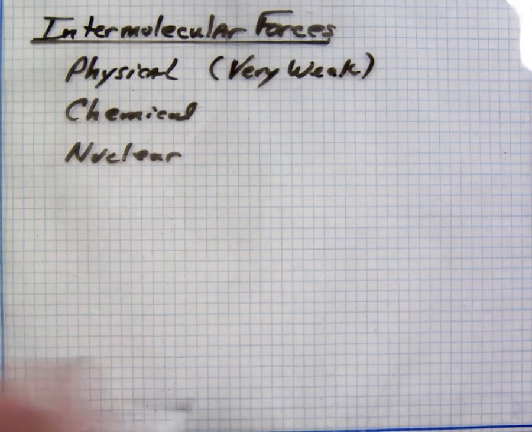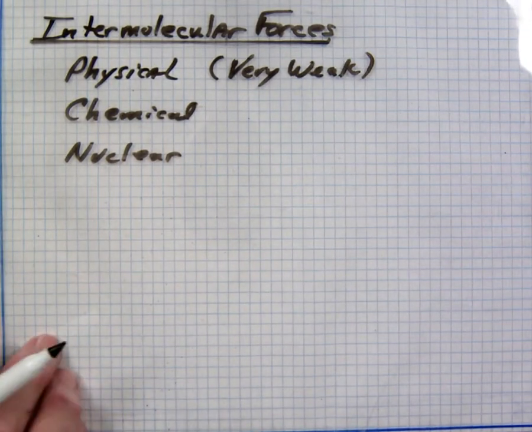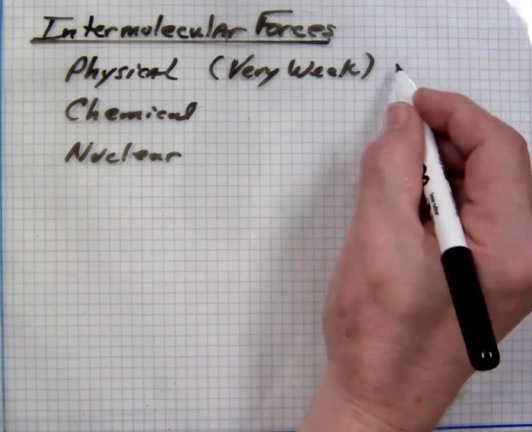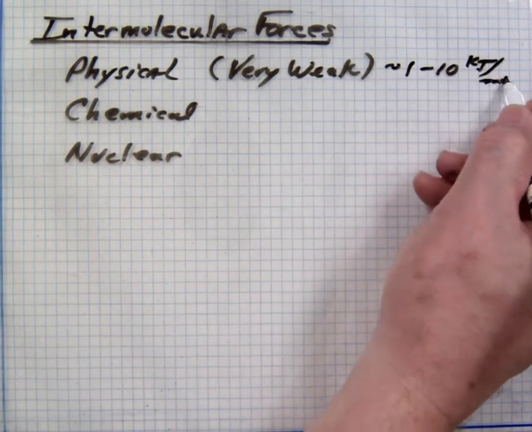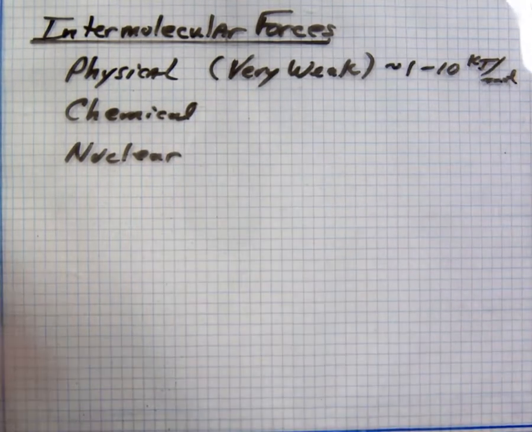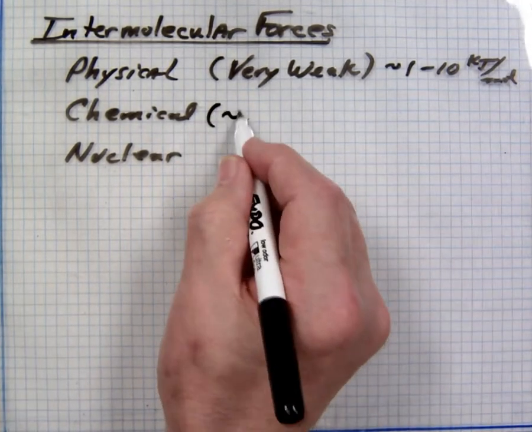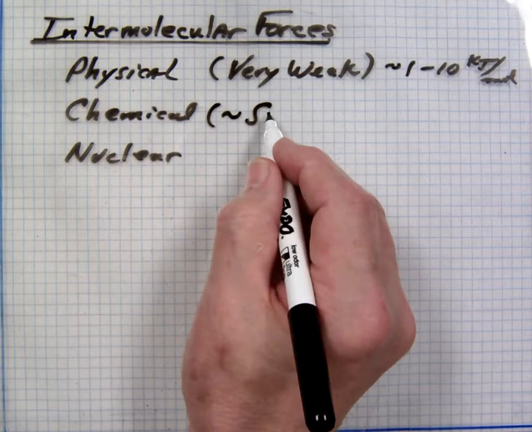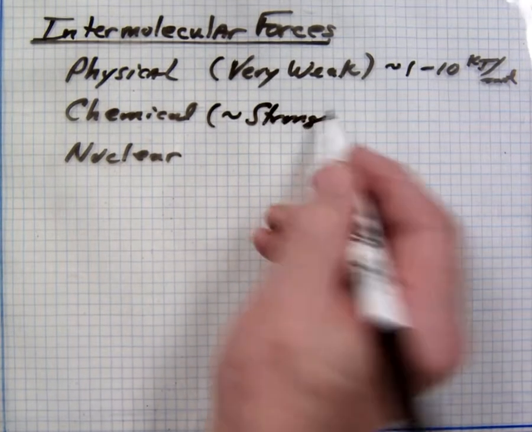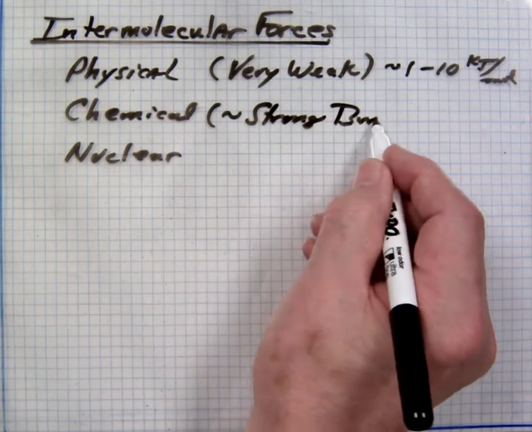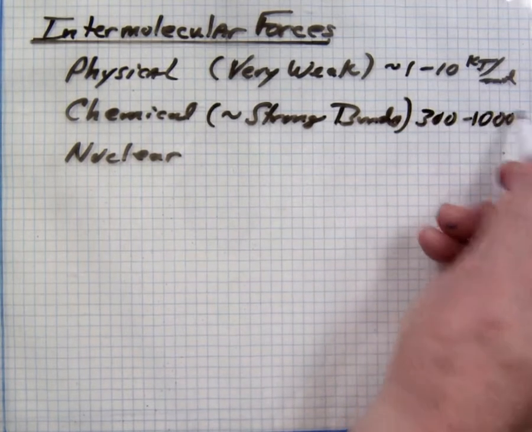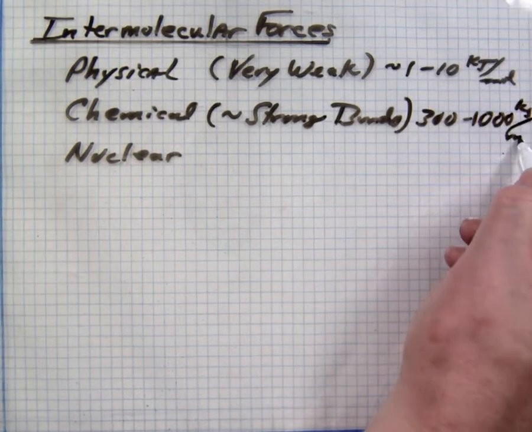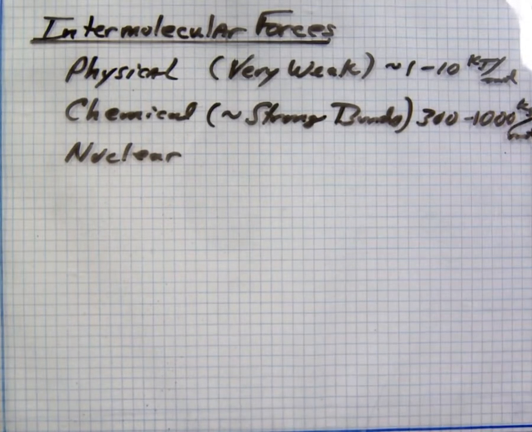When we talk about numbers, it is, say, 1 to 10 kilojoules per mole. Very, very, very weak. When we talk about chemical, it's stronger than physical. Strong bonds, if you will. These will go from 300 up to 1,000 kilojoules per mole as a reference number.